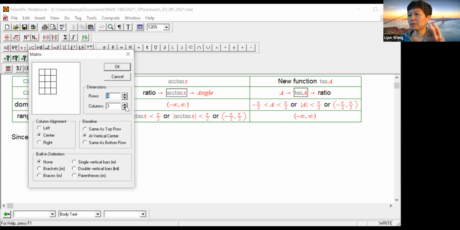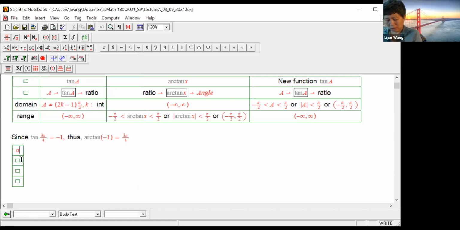I want to keep it simple a bit. This is just one column: arcsine, arccosine, arctan, arccotangent.